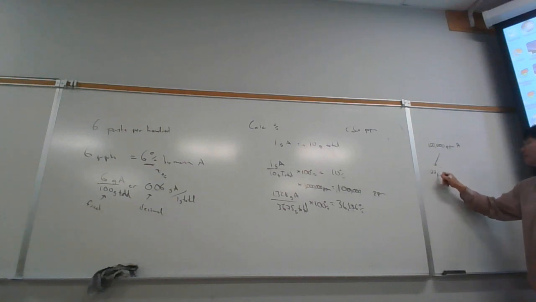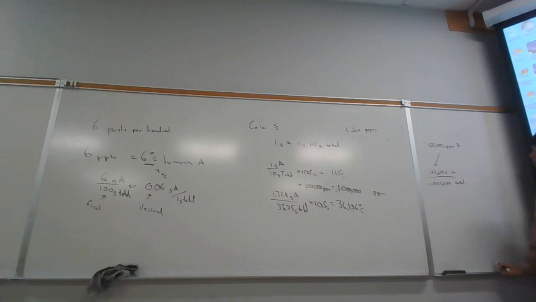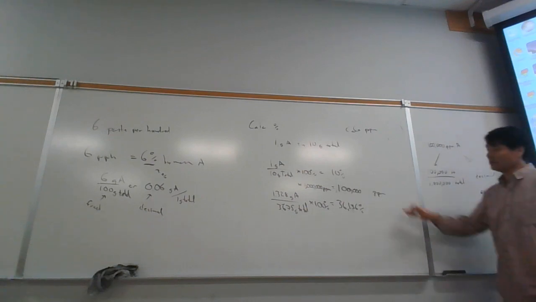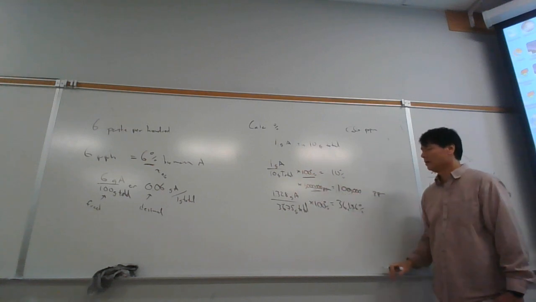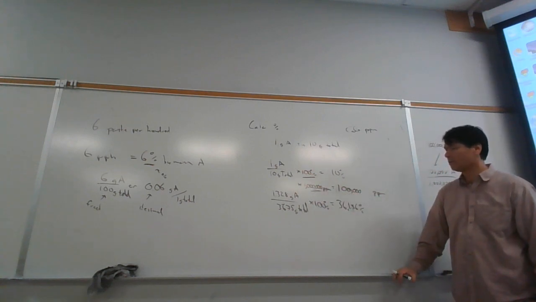This would be 100,000 parts of A over a million parts total. Or I could write it in decimal form, etc. And so the way to think about a parts per million is it's exactly the same thing as a percentage, except rather than multiplying by 100%, you multiply by a million.